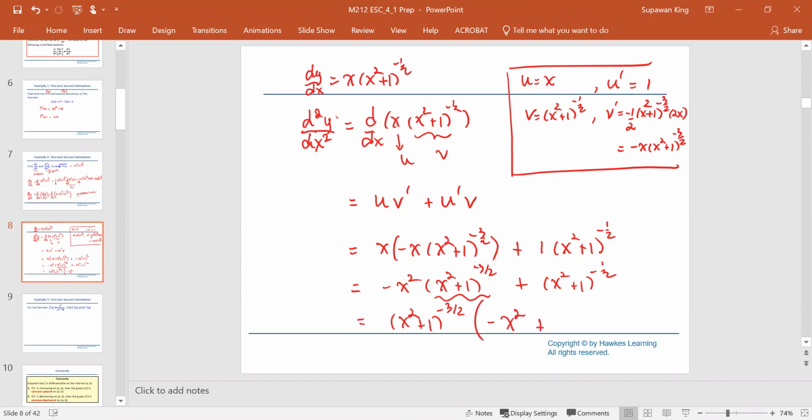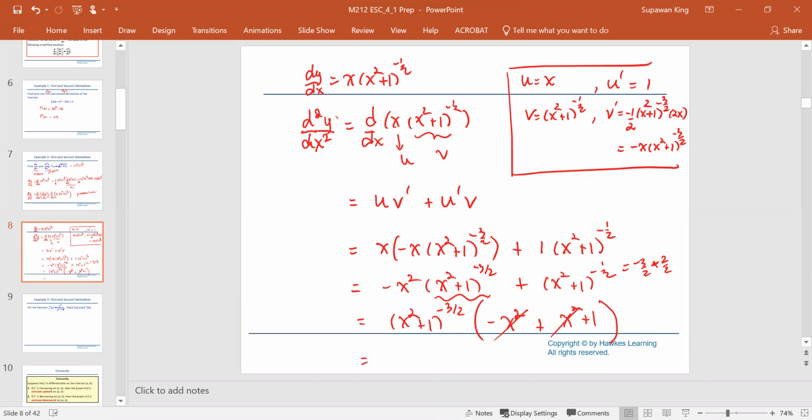And the second term, negative 1/2, is the same as negative 3/2 plus 2/2. So we take negative 3/2 out, still remaining the power 2/2, which is the power 1, or x squared plus 1. And then, as you see, negative x squared plus x squared cancel and becomes 1.